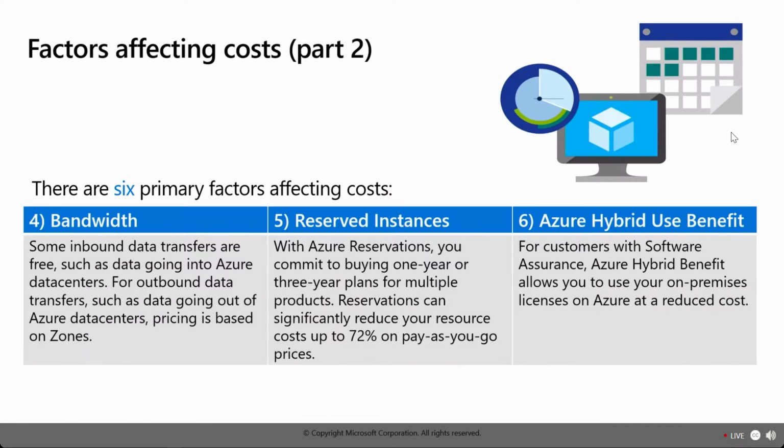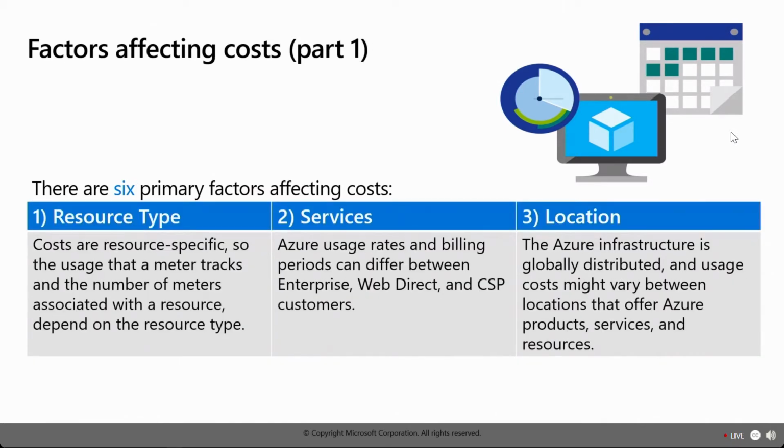So let's very quickly review the 6 factors that impact cost. The resource type. Remember, whatever resource you select, whether it's a virtual machine or a SQL database or a storage account, they cost differently. Services impact not only how you're billed, so whether you're billed directly from Azure on an annual basis, monthly basis, or by a third party, but it also impacts your rates depending on your customer type. Your location impacts cost because remember, not all regions cost the same to operate.